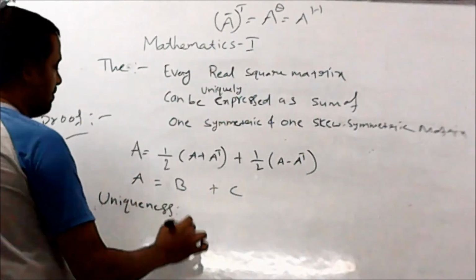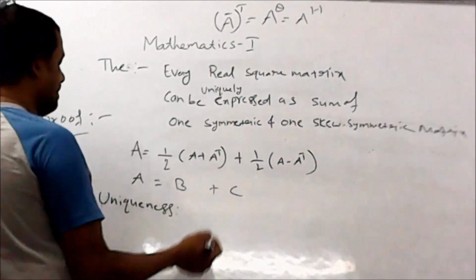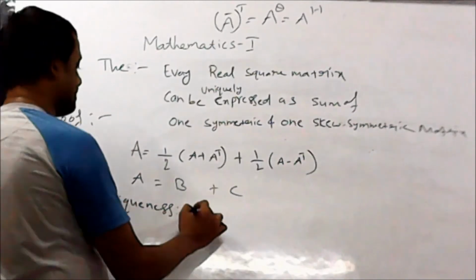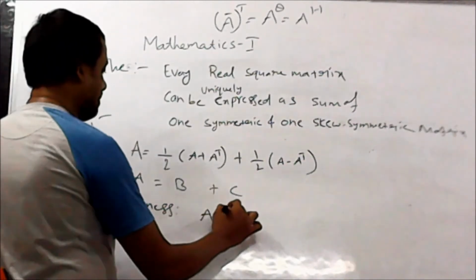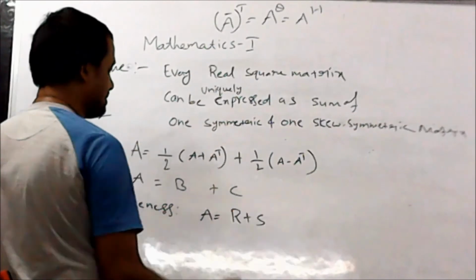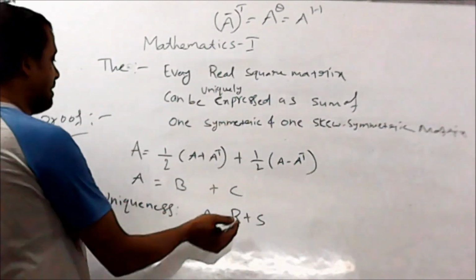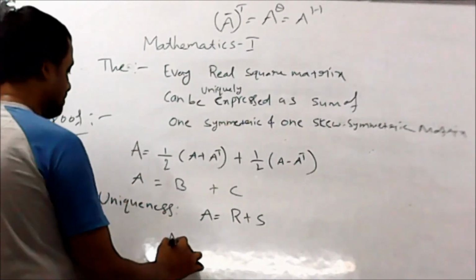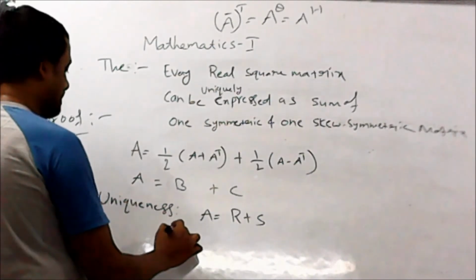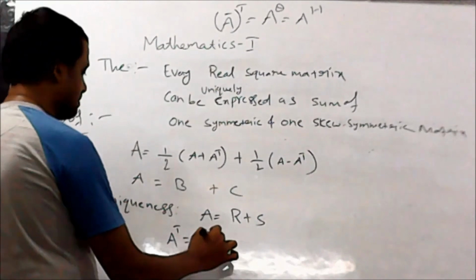Uniqueness means we assume that, besides the way we expressed A, there is another way. So we assume A equal to R plus S. We need to prove that B equal to R, S equal to C. How can we prove it? What is A transpose? R transpose plus S transpose.